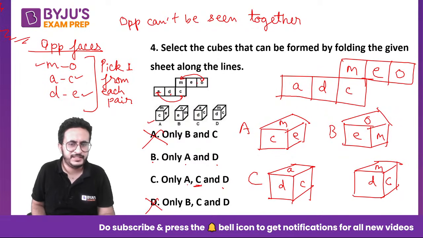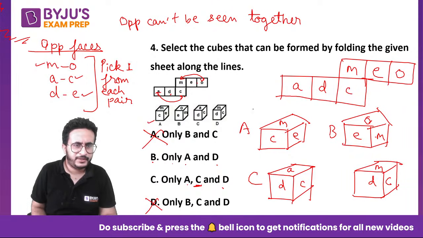If we just check C, we will get the answer, because B is not true. Okay, and we will prove also why B is not true. B is OEM. Now M and O are opposite.